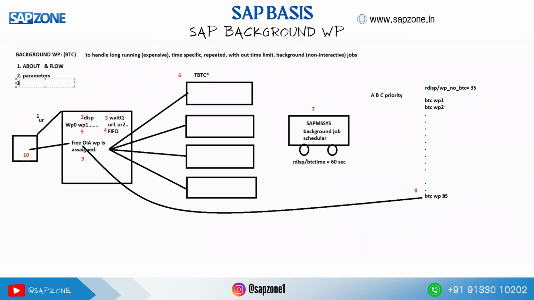And T codes. The T codes are SM36, where you schedule a background job.